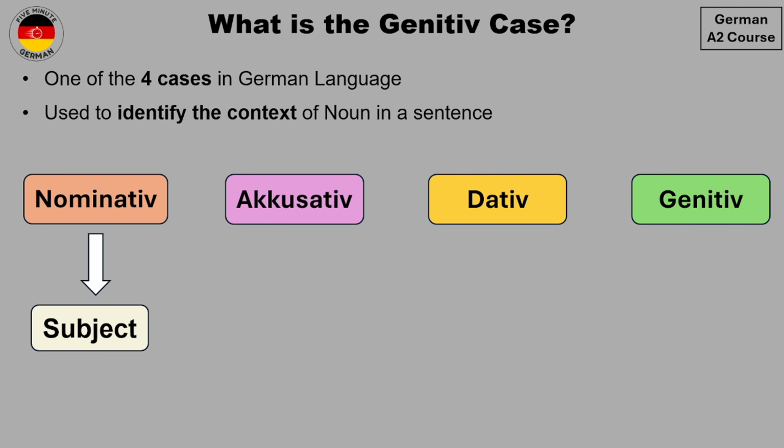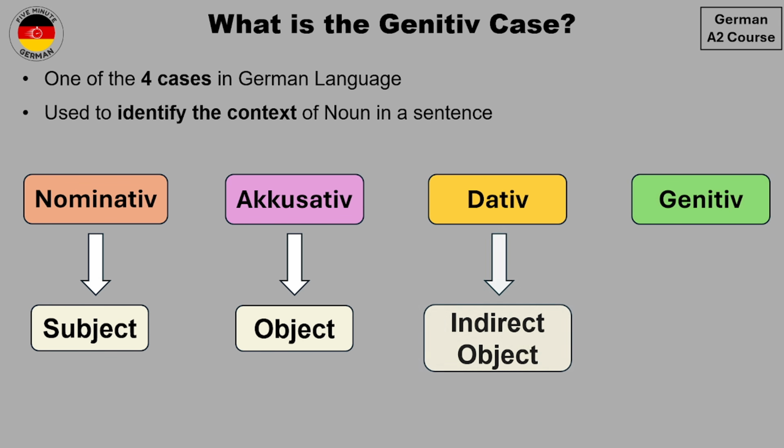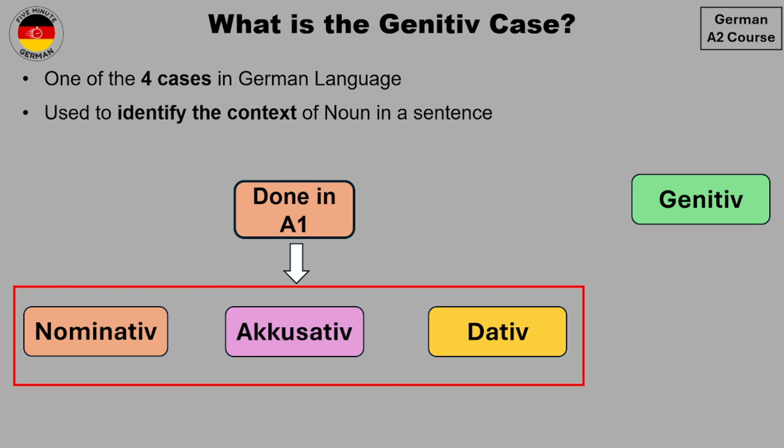When it is in accusative, then it means that it is the object. And in case of dative, it means that the noun is an indirect object. And we have already done the nominative, accusative, and dative cases in A1. And since genitive is an A2 concept, that's why we will take a look at genitive right now.